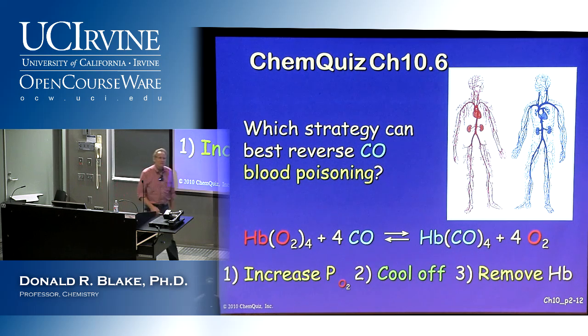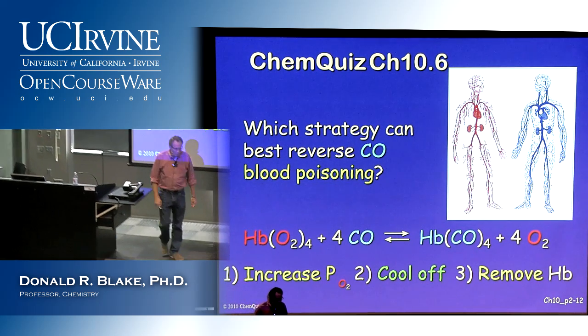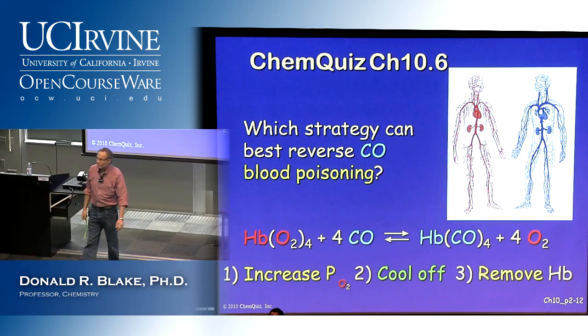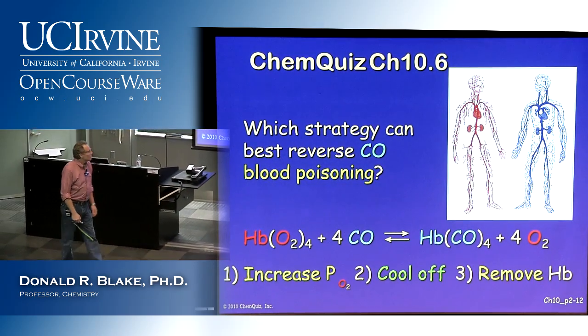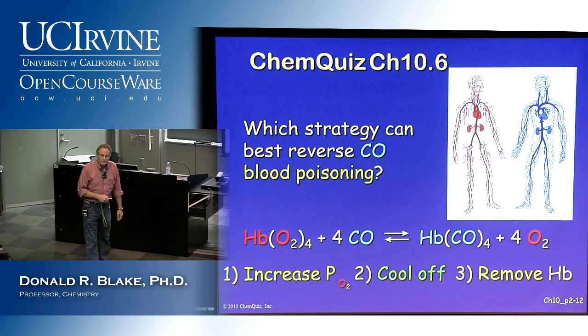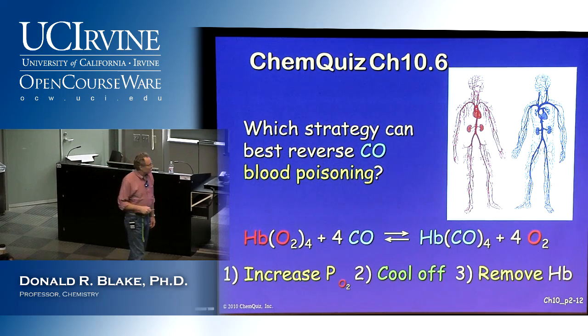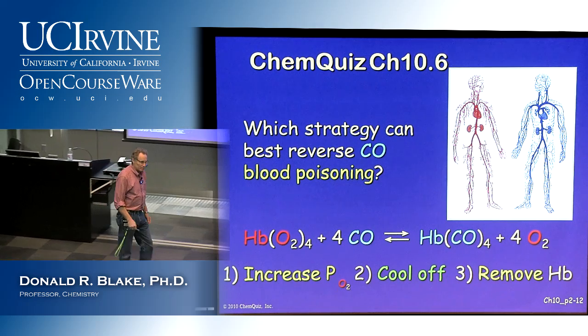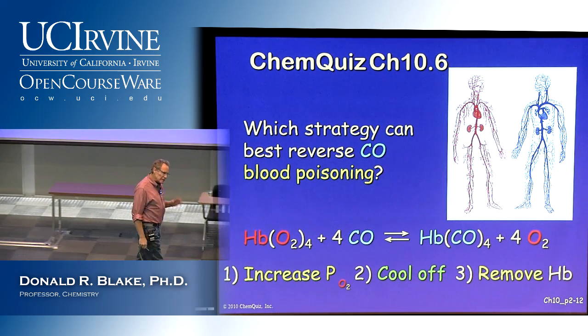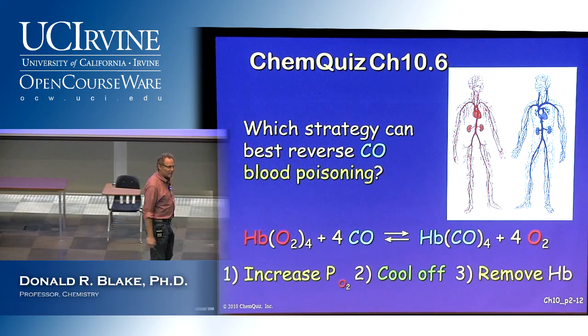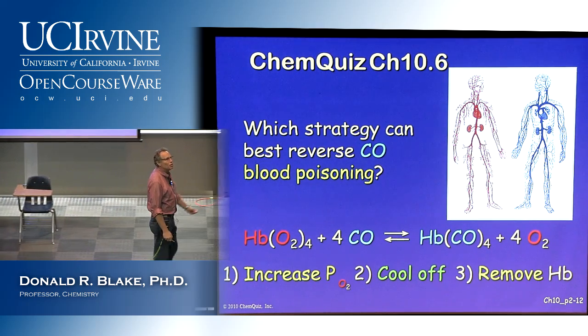Let's talk about something else that Le Chatelier pointed out. Some of you want to be doctors. A problem with carbon monoxide is that if you breathe it, it likes to bind to hemoglobin. Not so much anymore, because cars are so well tuned today.